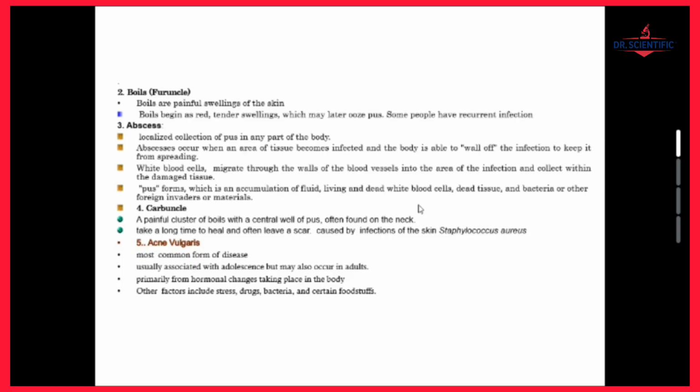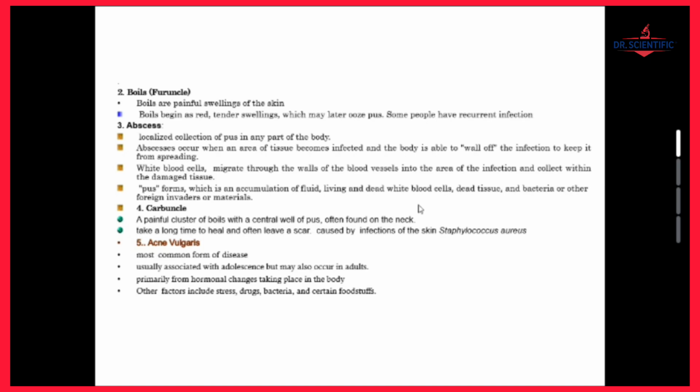Apart from boils, which are also a cause of Staphylococcus bacteria, we have what we call abscesses. These are localized collections of pus in any part of the body. Abscesses occur when an area of tissue becomes infected and the body is able to wall off the infection from spreading.